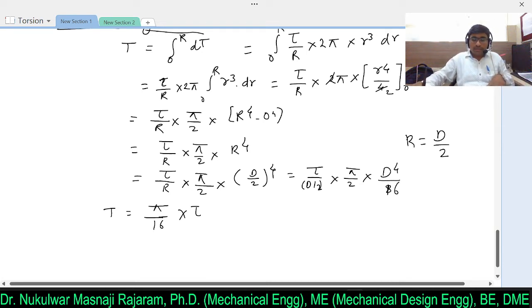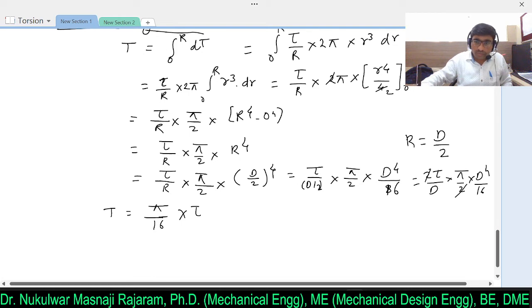Now here this 2 and 2 will get cancelled. This 2 will go on the upper side, so there is 2 tau divided by d into pi divided by 2 into d raised to 4 divided by 16.